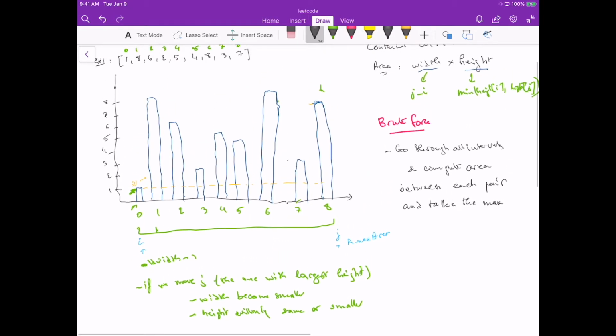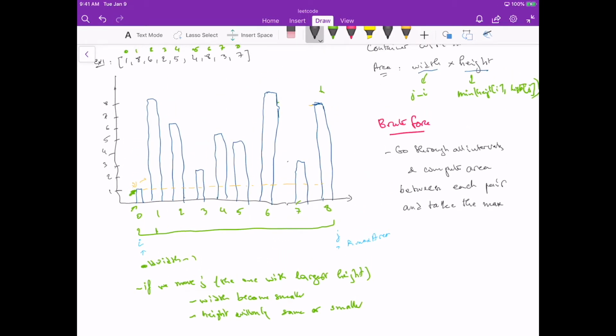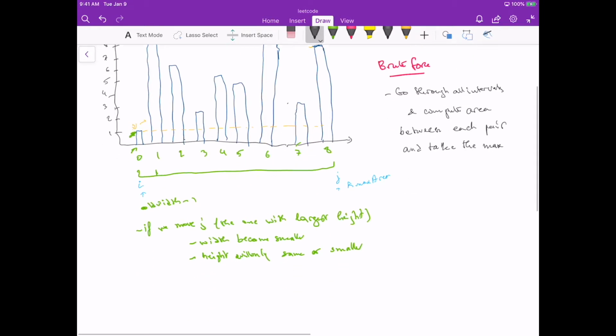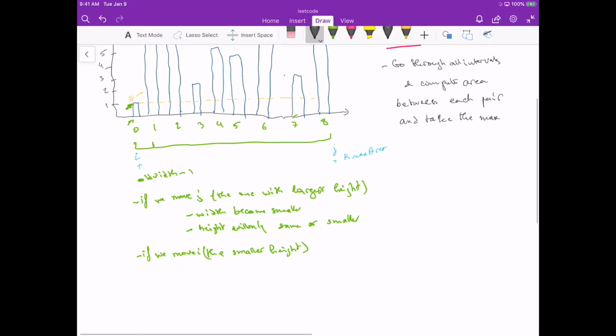And so naturally there's only i left, right? If we move i, which is the smaller height, we still know that the width will become smaller because we subtracted one.